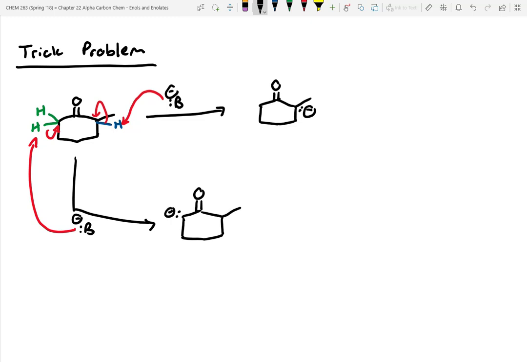All right, now the question is, which of these is more stable and why? Blue, because it's more substituted. There's also another way we could explain this, right? So let's draw the resonance structures.